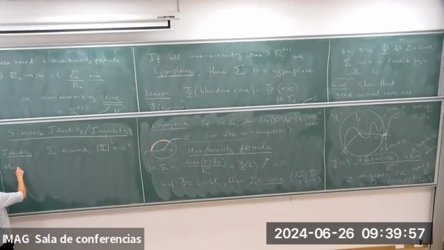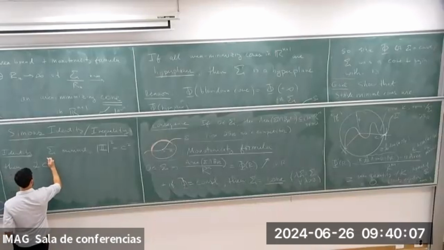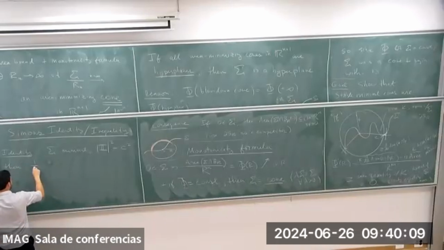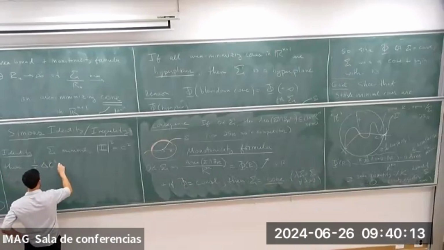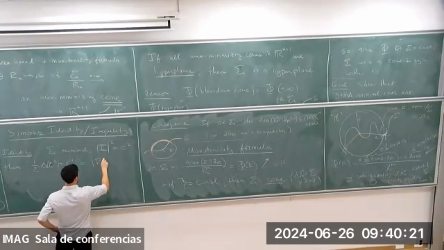Then what we know is that the Jacobi operator applied to c squared, so actually, the basic thing is 1/2 of the Laplacian of c squared plus c squared plus c fourth, is the same thing as the gradient of the second fundamental form squared.